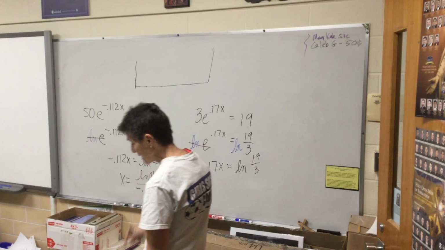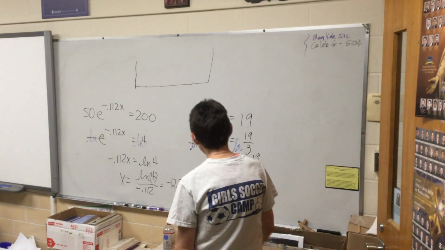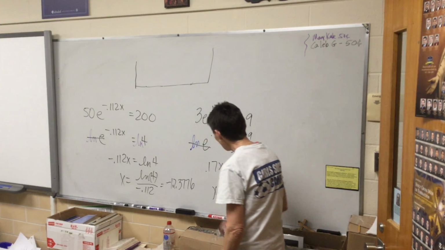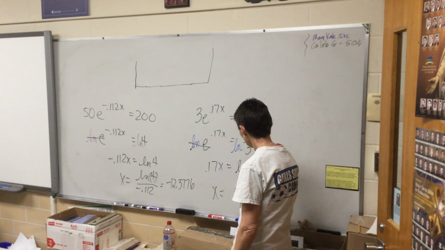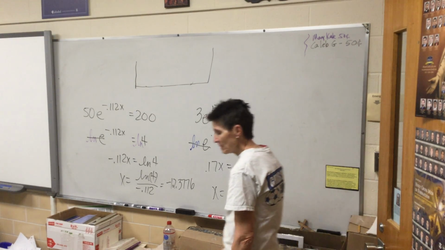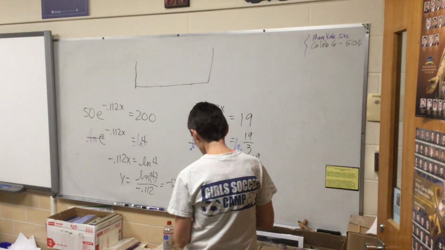And then like the last one we did, this has a last step because if we're trying to get x by itself, we need to divide. So you just need to type that in carefully. It's easy. Make sure you close the parentheses.